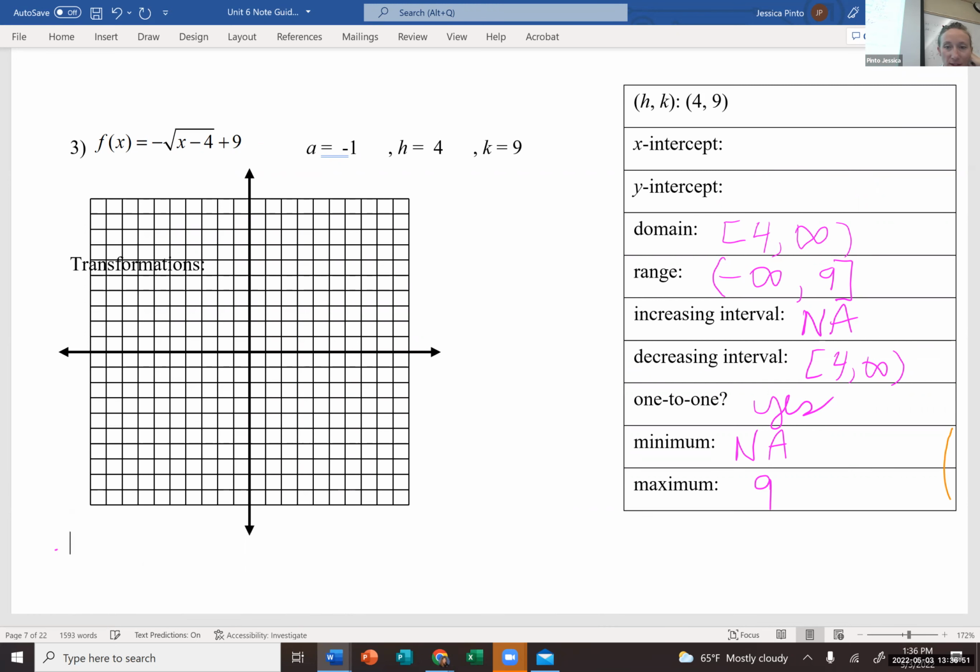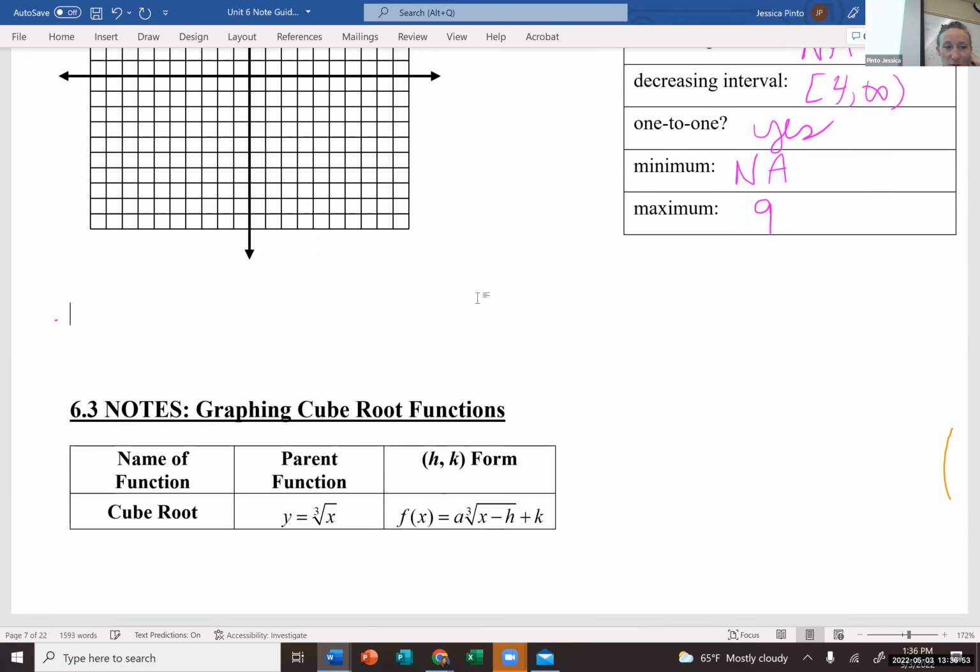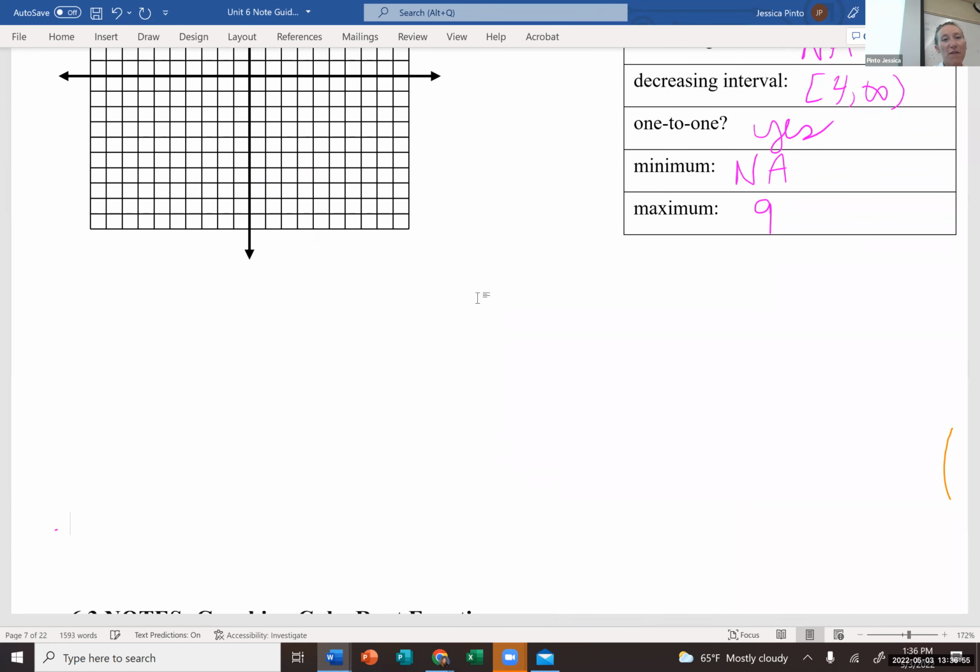I need this space here. The function is 0 equals negative, and then it was the square root of x minus 4, plus 9. And let's take a moment and solve for x.